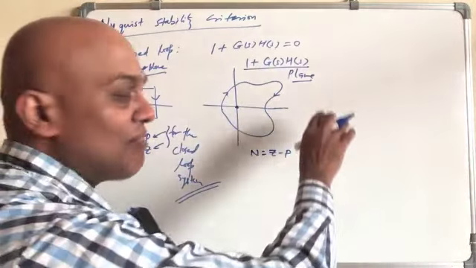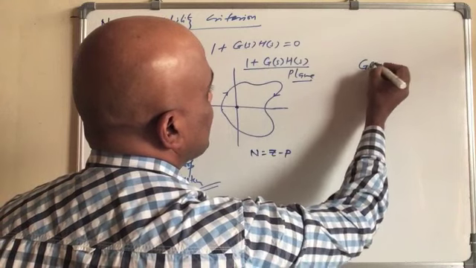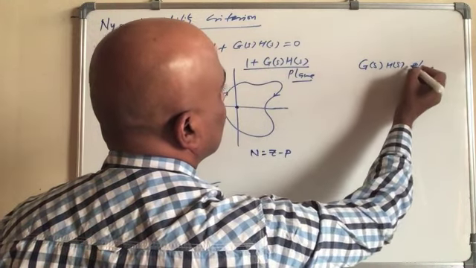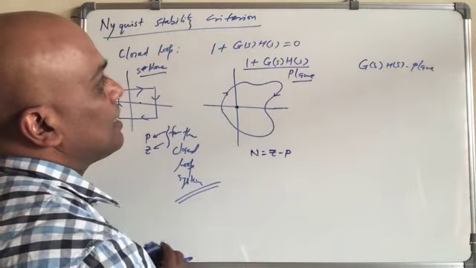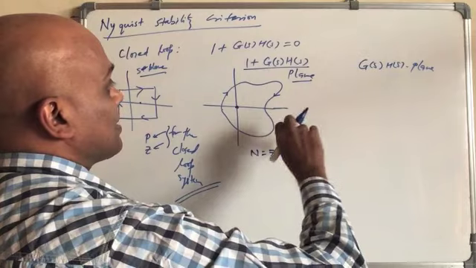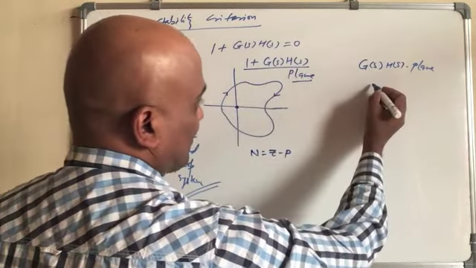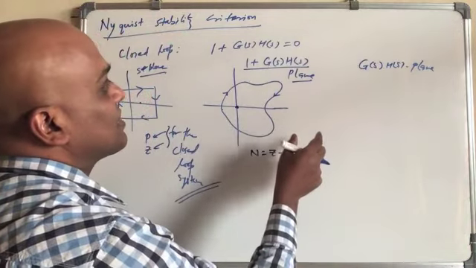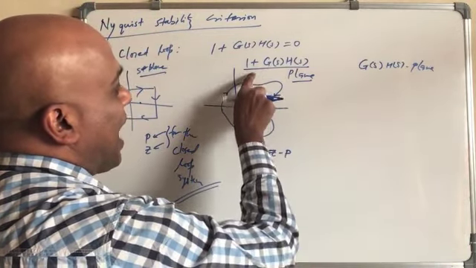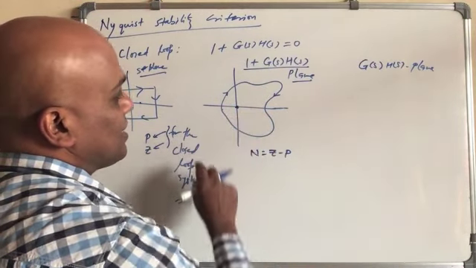Now let us say we extend that. If you want to look at the G(s) times H(s) plane, what happens in this case? We are just going to add -1 to this and we get that.